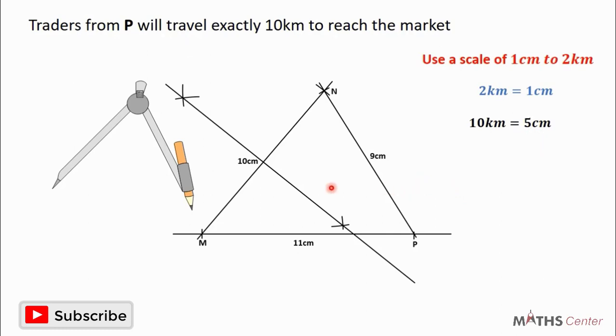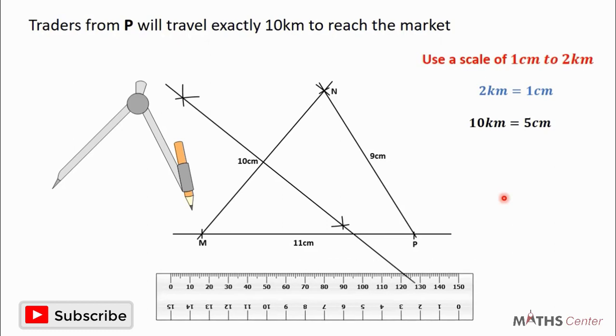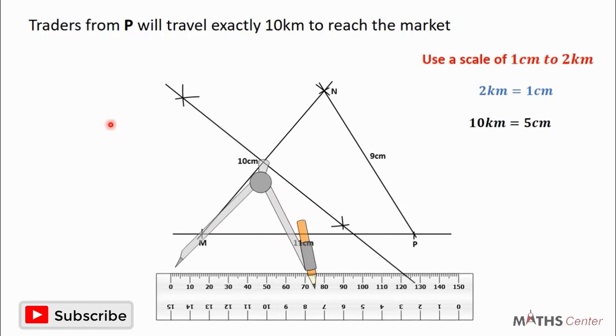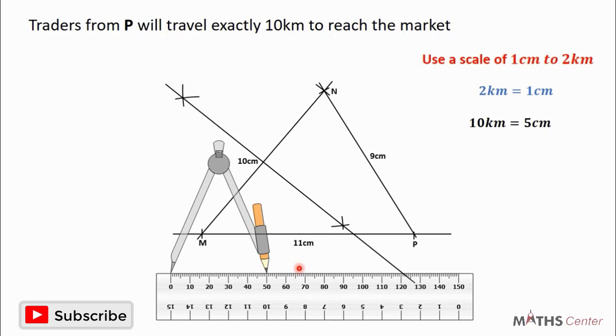point P. We have seen that this will be a circle with point P as the center and a radius of 5 centimeters. So first, we will pick the ruler and we measure 5 centimeters using the compass. So I'll put the needle of the compass on point 0, then I'll measure 5 centimeters, which will be 50 millimeters on my ruler.